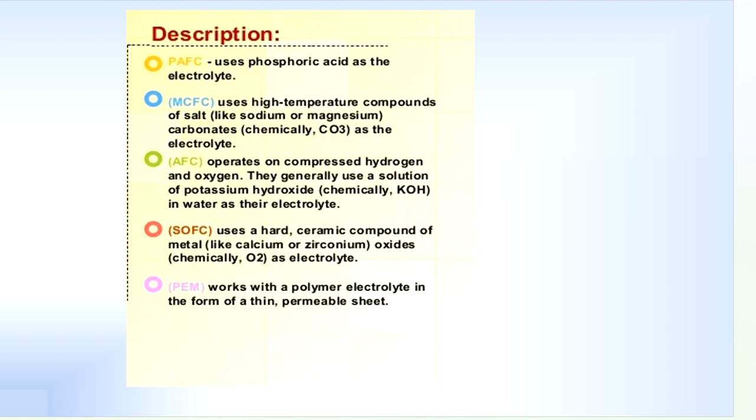What about alkaline fuel cell? It operates on compressed hydrogen and oxygen. They generally use a solution of potassium hydroxide, that is KOH chemical formula, right? And what about SOFC? This uses a hard ceramic compound of metal oxides like calcium oxide, zirconium oxide as electrolyte.